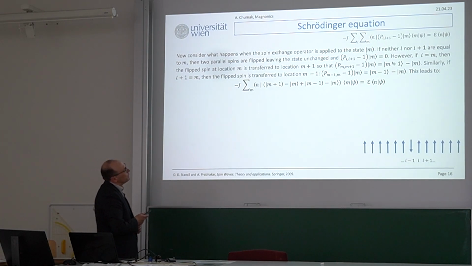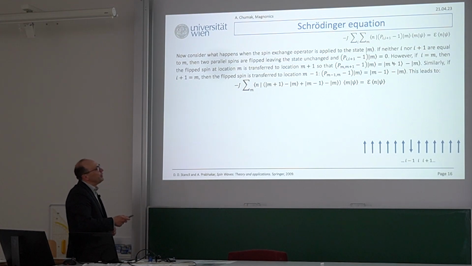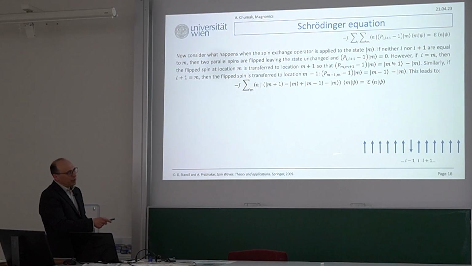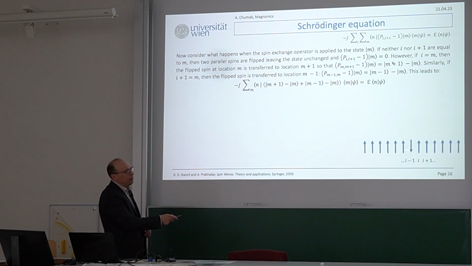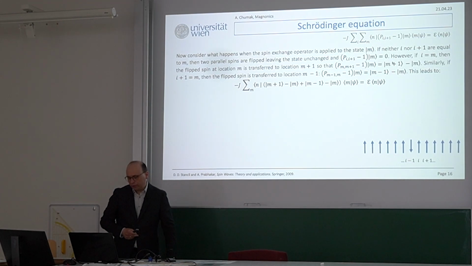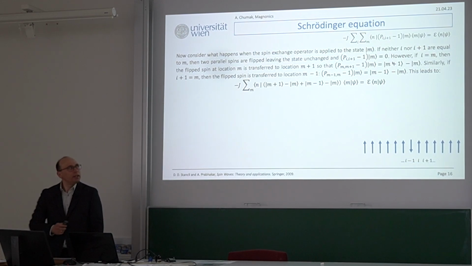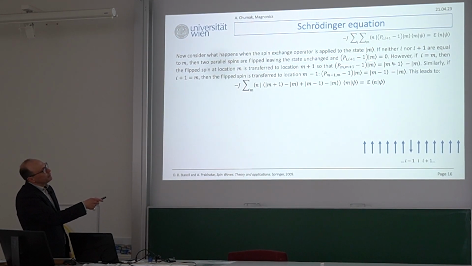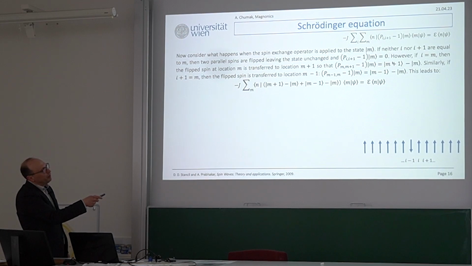So it means that if you are staying away from this point in our chain, where only one spin is flipped, because what we are doing now is exchanging spins, if you exchange these two or these two, nothing will happen. Therefore, this component, as we said, P will be equal to 1, therefore this part will be equal to 0.